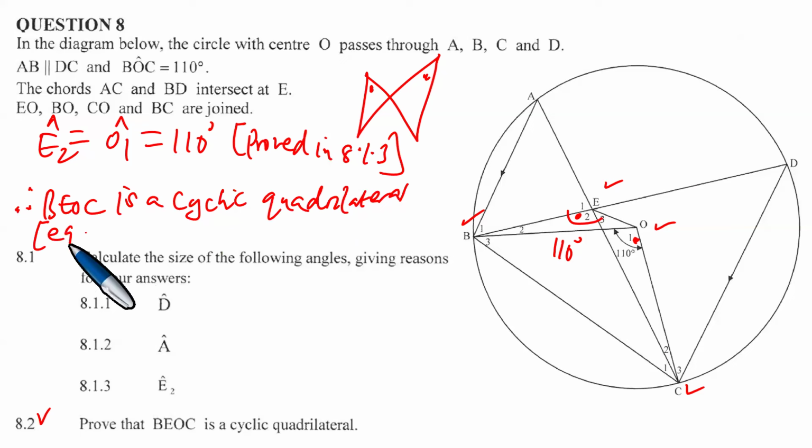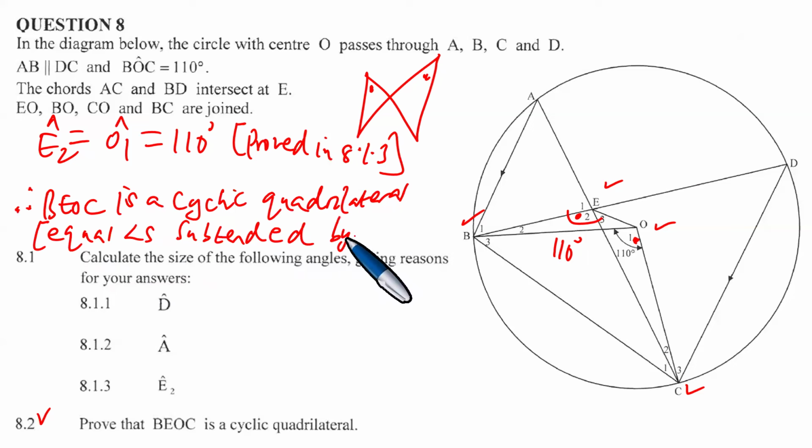It is a cyclic quadrilateral because equal angles are subtended by a line.